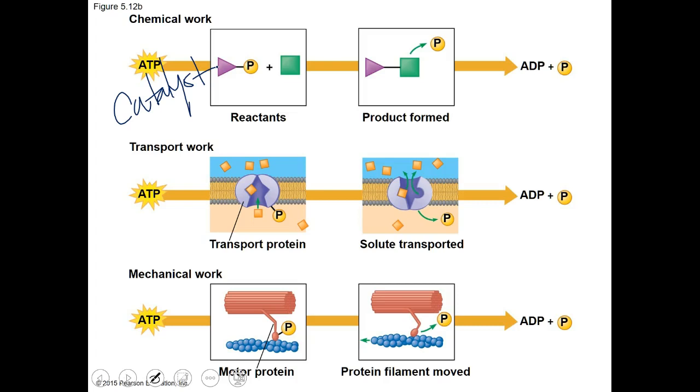It can be used for transport work, so ATP is used for active transport, which we know already. And then mechanical work, so it literally makes all of your muscles move. And that's that.